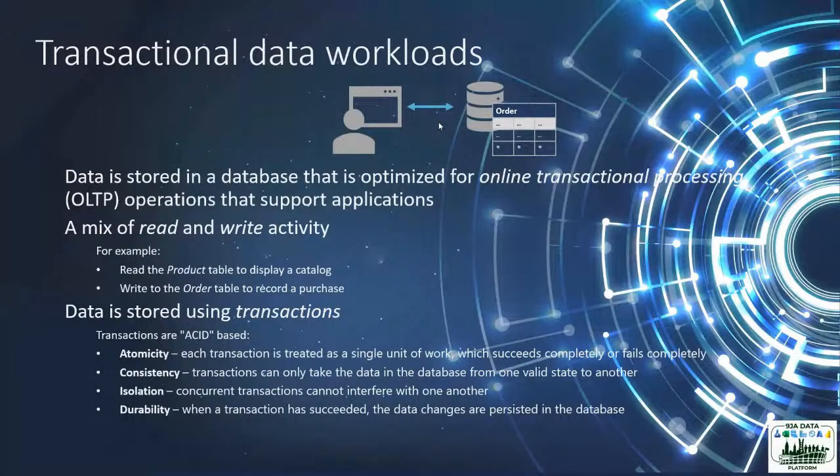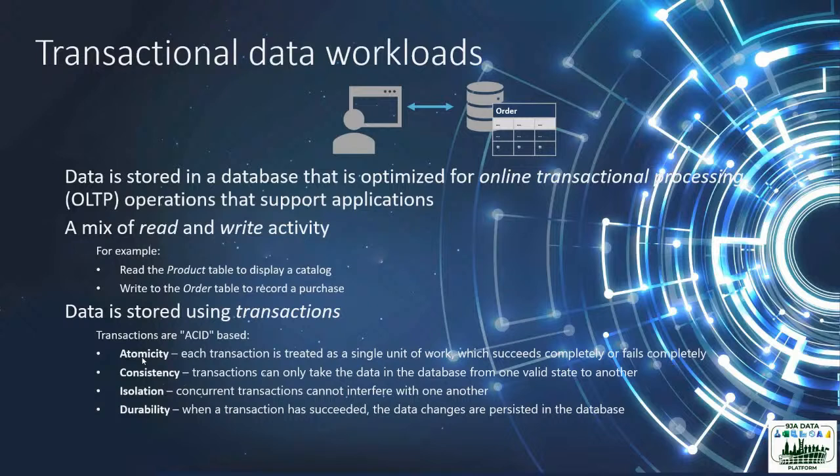Also, data is stored using transactions. Transactions are ACID based. The meaning of ACID is at the bottom line. Atomicity means each transaction is treated as a single unit of work. I'm placing an order here, you are placing an order at the same time, but it doesn't mean we are doing the same transaction.